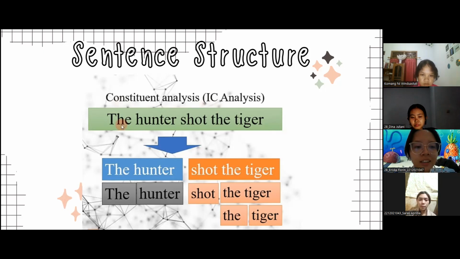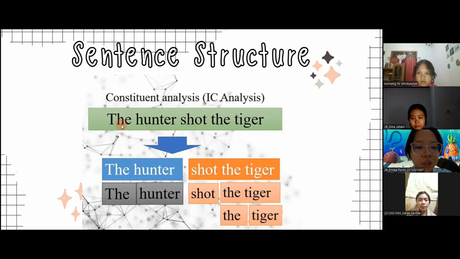And then the hunter, we divide it into two sections: the and hunter. The is determiner and hunter is noun. For the combination of it, we call it a noun phrase because there's a noun in the phrase.